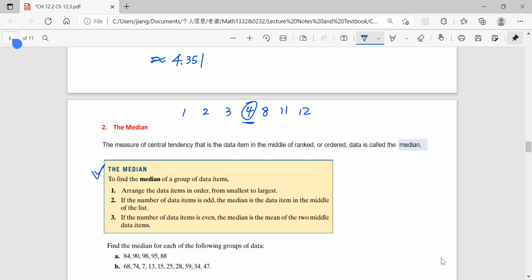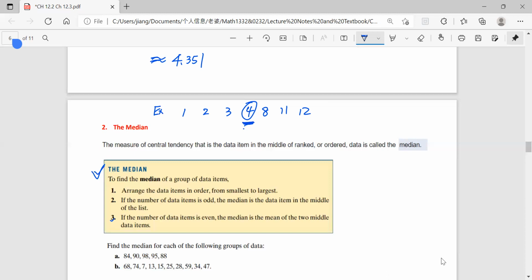The first step, arrange the data items in order from smallest to largest. Second step, if the number of data items is odd, the median is the data item in the middle of the list, just like the example here.